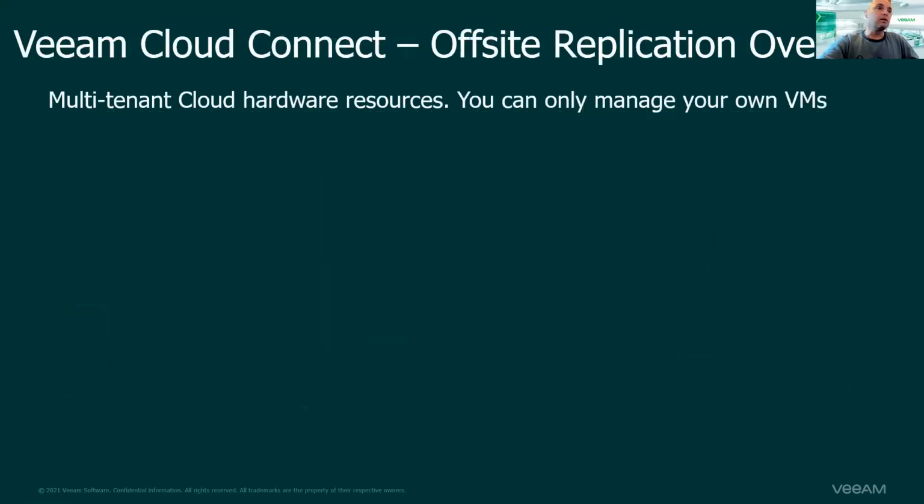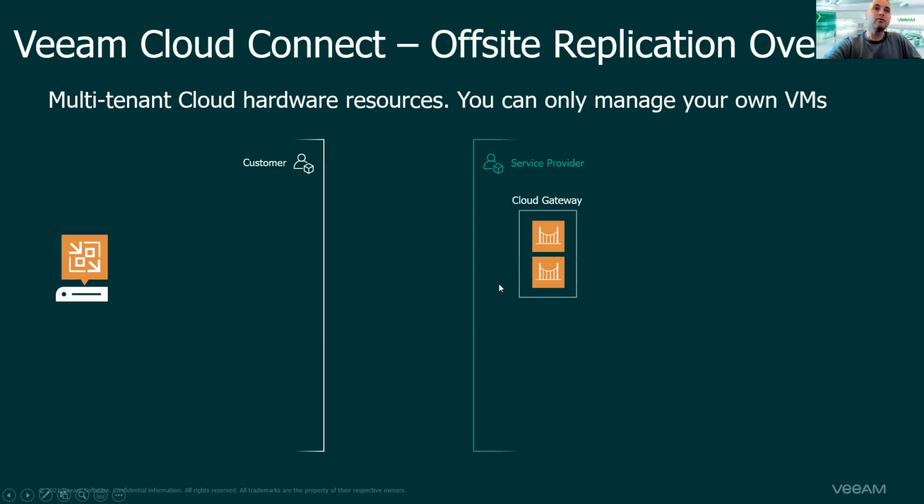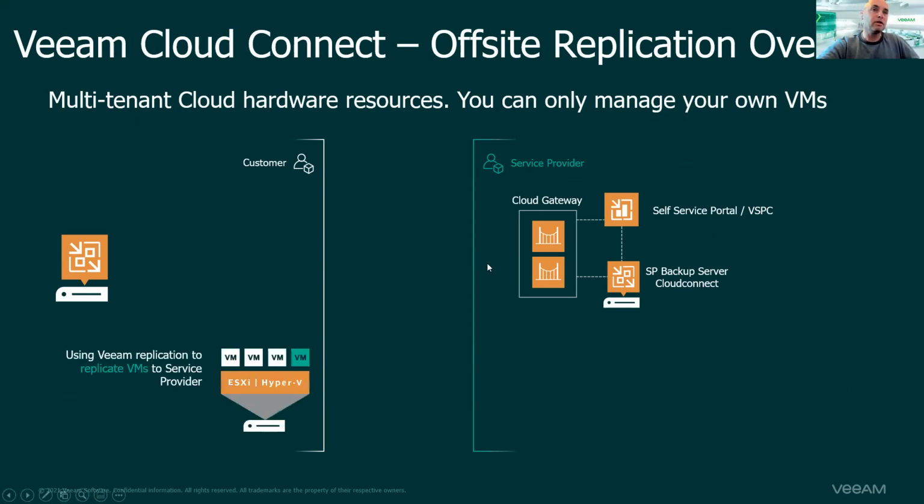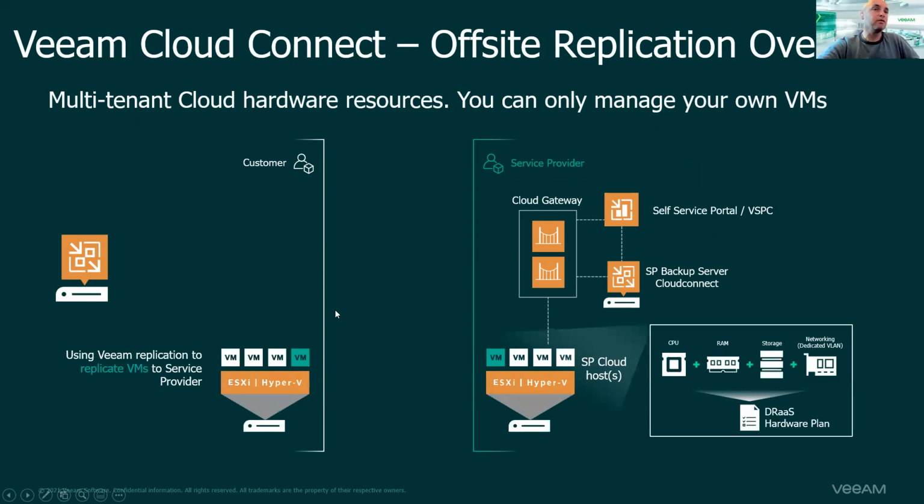What's also a possibility is to offer disaster recovery as a service, so offsite replication. I think you get the picture already. Same picture, Cloud Connect server, Cloud Gateway, the Veeam Service Provider Console on top of that, or the self-service restore portal, but I won't cover that. And what we then do is we replicate VMs coming from ESX or Hyper-V to the service provider, and the service provider will make for each tenant, for each customer, a disaster recovery hardware plan.